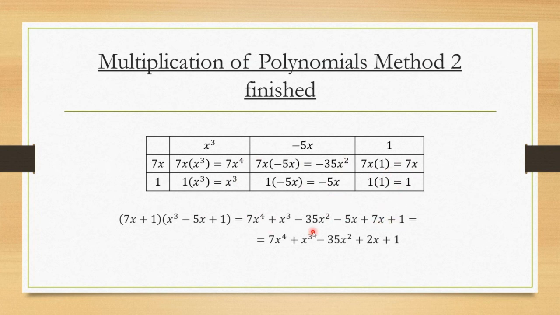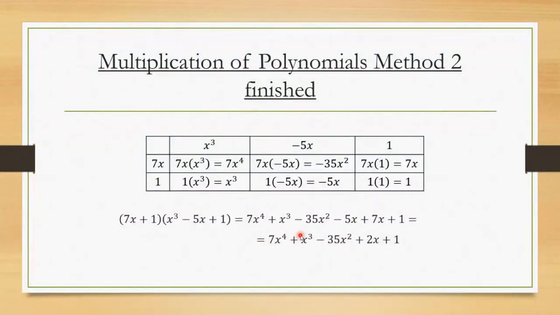And of course, when we add them, we combine like terms. So the minus 5x and 7x gives us 2x. The way I just listed it, I went this way, 7x to the 4, then x cubed, then I went here to here. Again, really it doesn't matter, but you want your answer to be in standard form, as you can see.